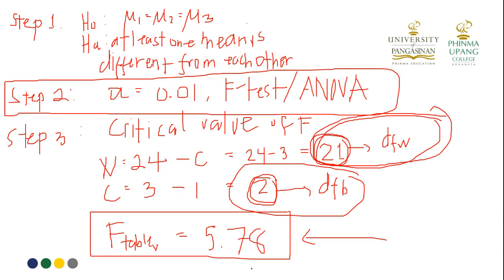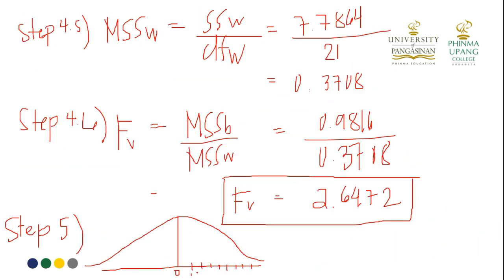Lagay ako ng 8 to. 5.78. This is 1, this is 2, this is 3, this is 4, this is 5, this is 6. So yung 5.78 na critical value, nandito siya. Then ito yung F value natin nandito po siya sa malapit sa 3. Yan. So this is the rejection area. So ibig sabihin, sinong i-reject?